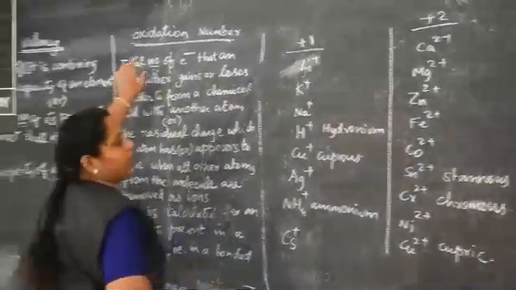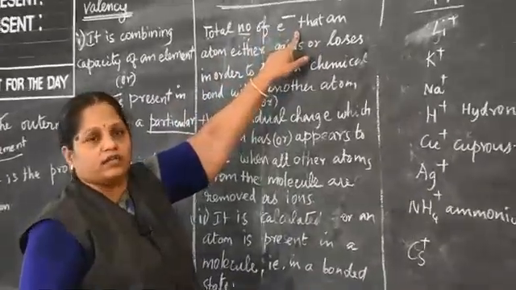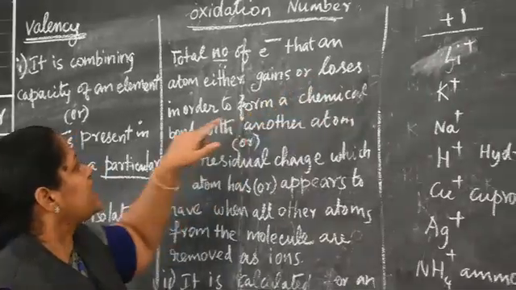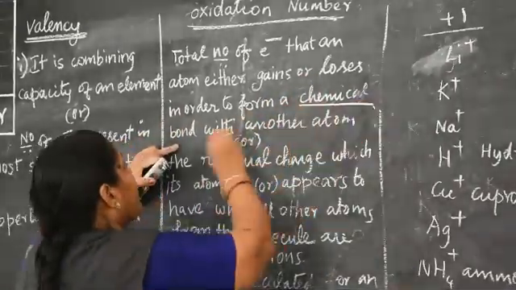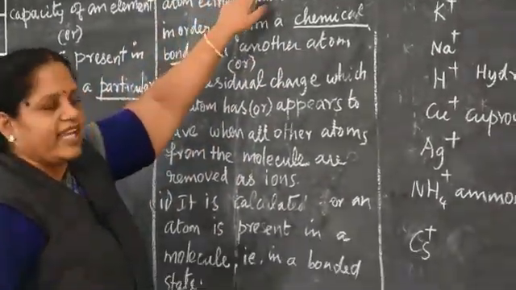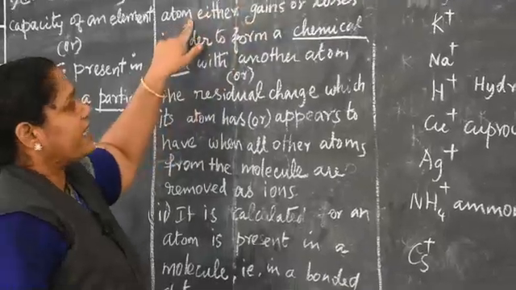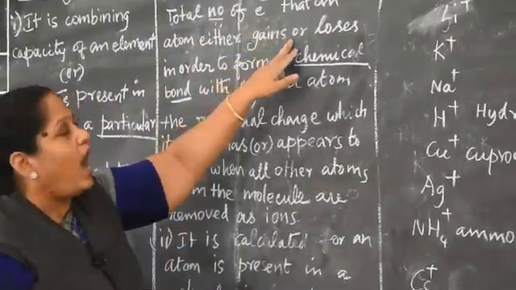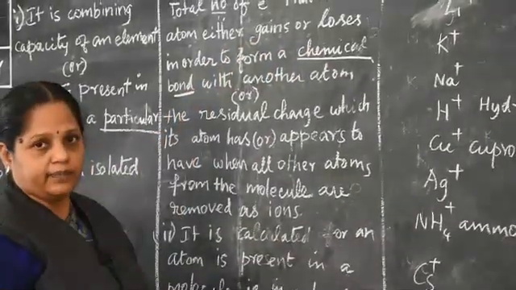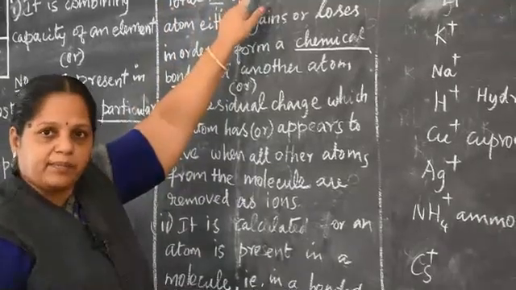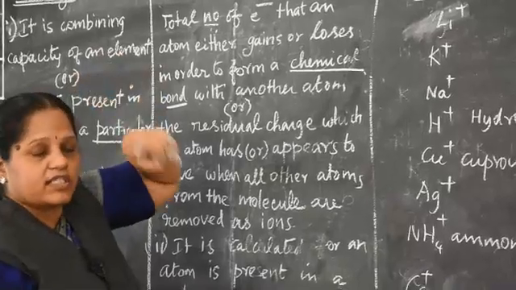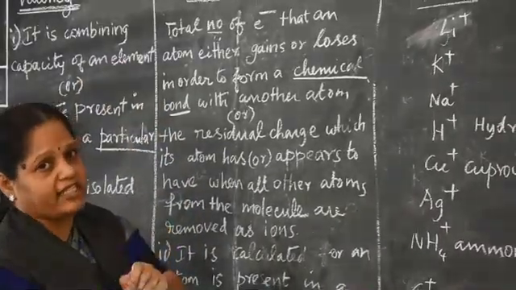It is nothing but total number of electrons that an atom either gains or loses in order to form a chemical bond with another atom. It is called as oxidation number, otherwise called as oxidation state.